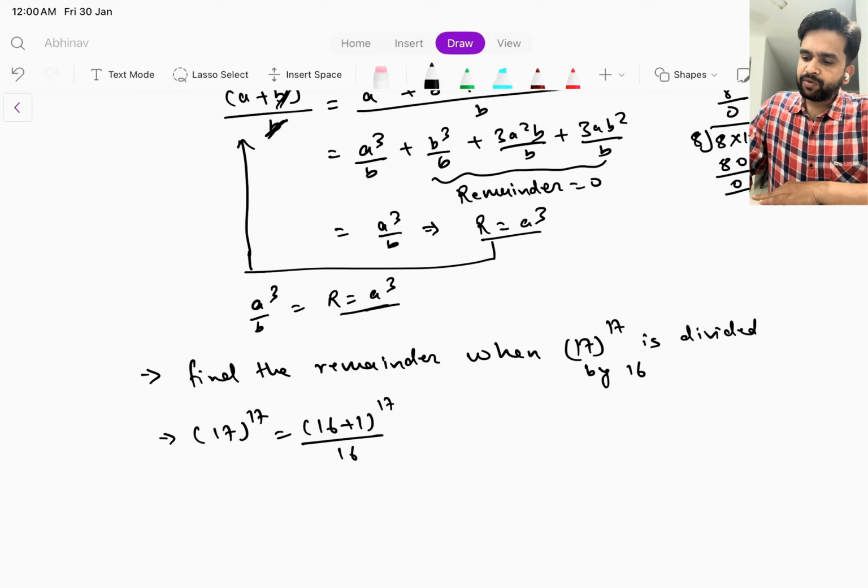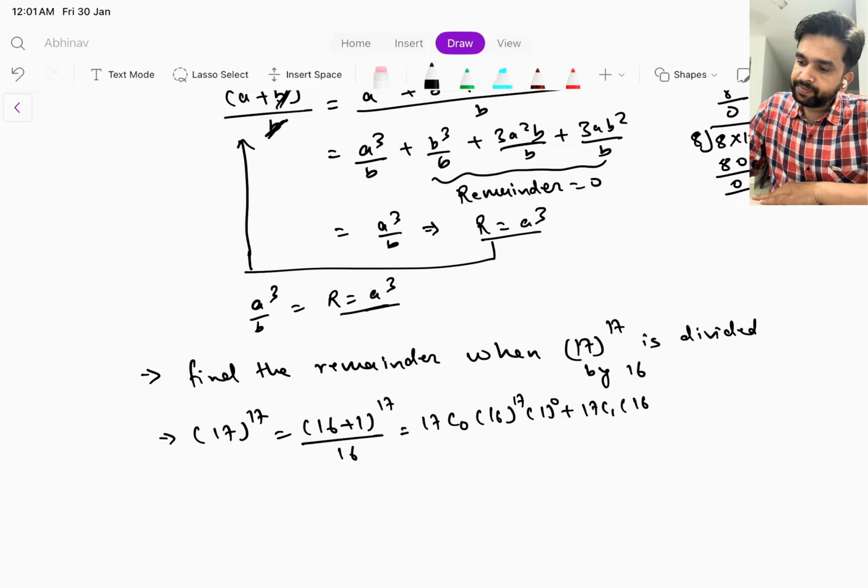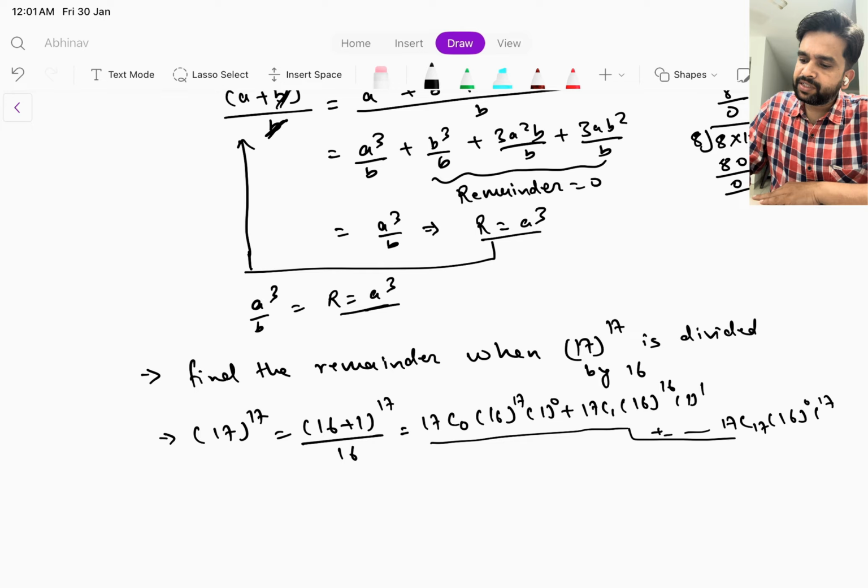So I'll open the binomial expansion of this and I'll obtain 17C0 16 raised to power 17 1 raised to power 0, 17C1 16 raised to power 16 1 raised to power 1. Going like this, I'll obtain 17C17 16 raised to power 0 1 raised to power 17, and in the denominator of all these terms I'll be left with 16.